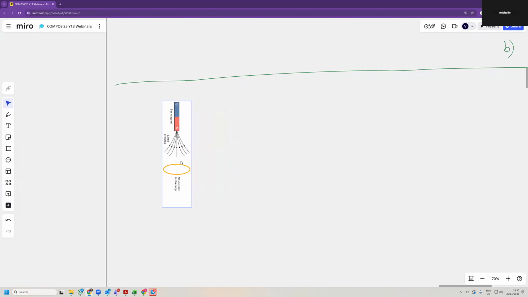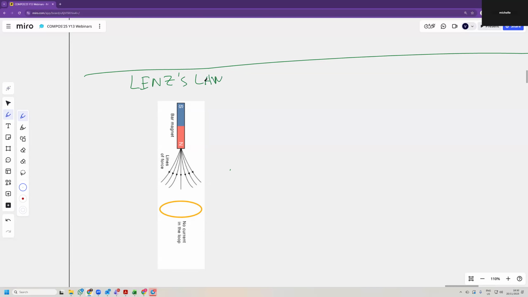Lenz's law says that the current in a conductor will be induced in such a way as to oppose the change that induced the current in the first place.